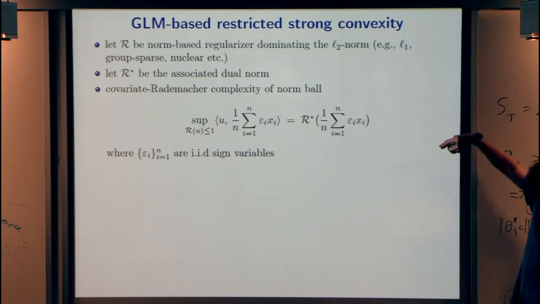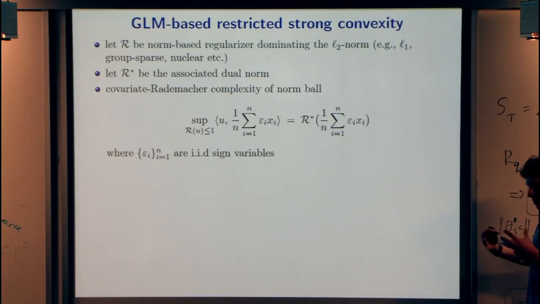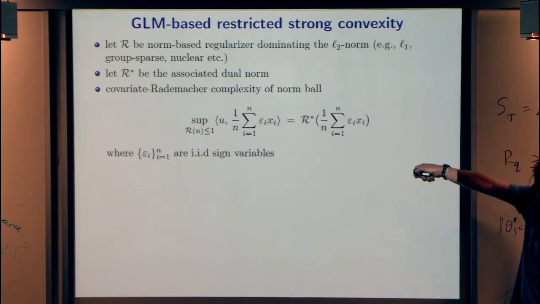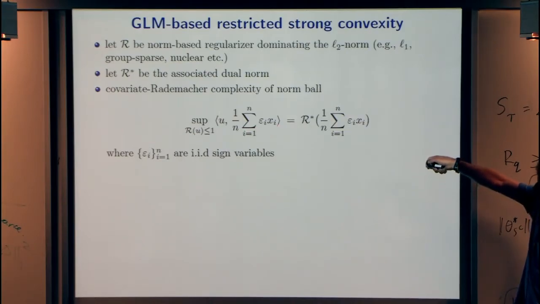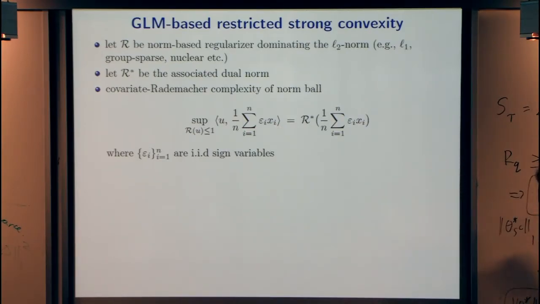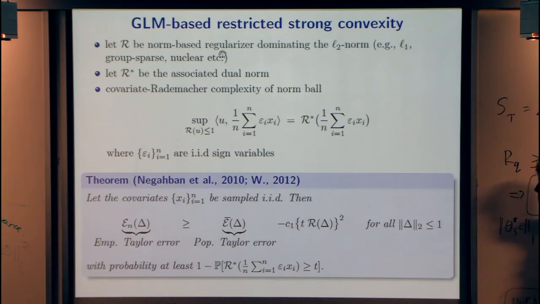You look at what's called a kind of Rademacher complexity. It's a way of measuring how large this ball is. You take a worst case over all directions in your unit ball, and you look at this random variable. These are your covariates, and these are random sign variables. That's something known as a Rademacher complexity. It comes up a lot in empirical processes. So here's a general result.